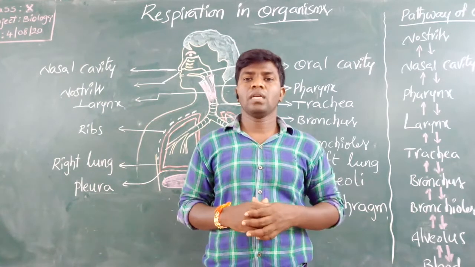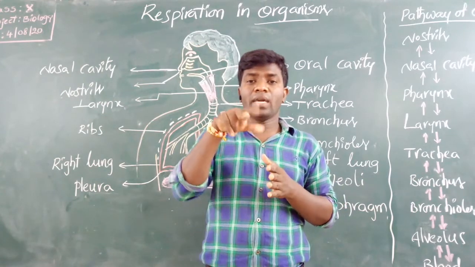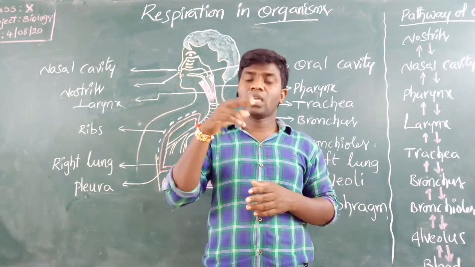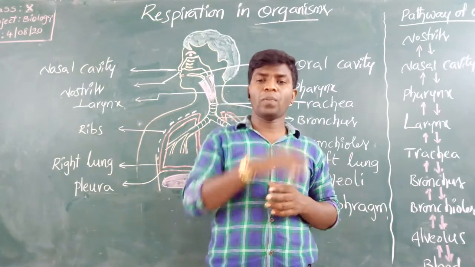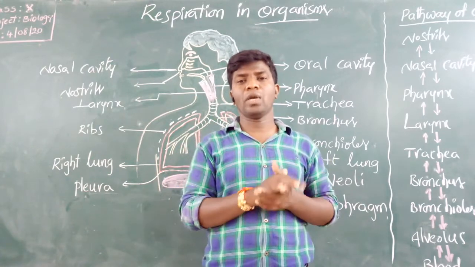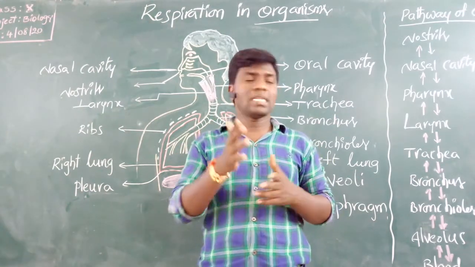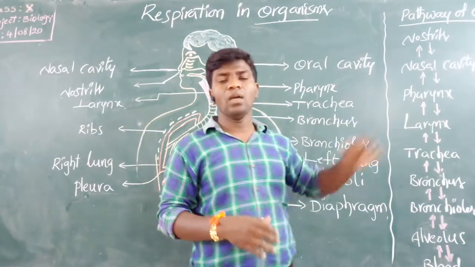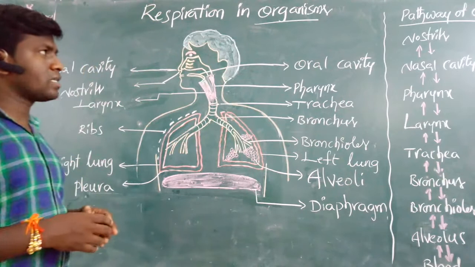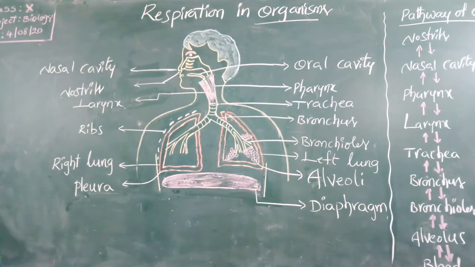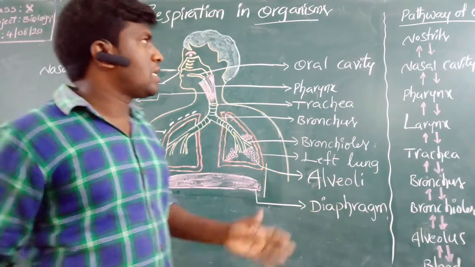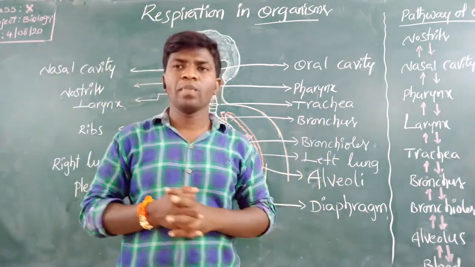So the epiglottis diverts food into the food pipe and air into the windpipe. That epiglottis is located in the pharynx. So this is about some details of the pathway of air. Finally, that is about the pathway of air.